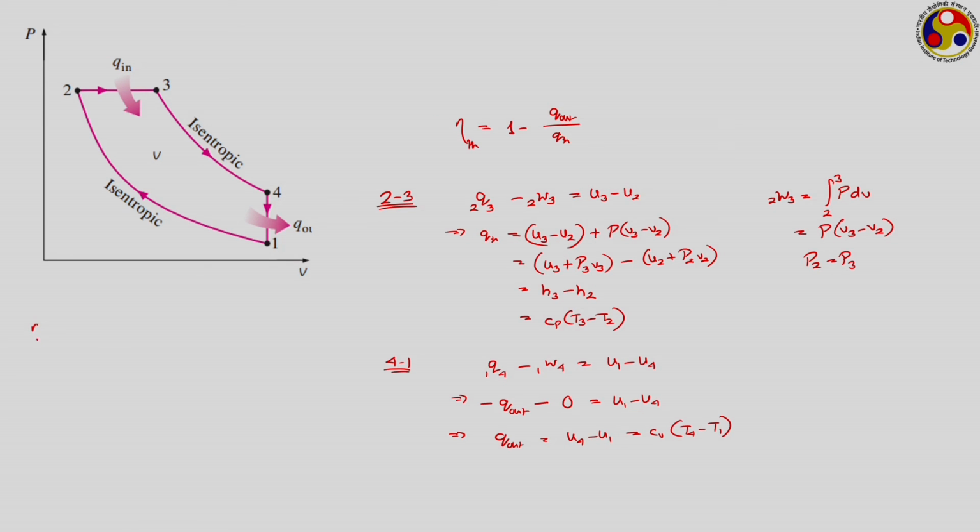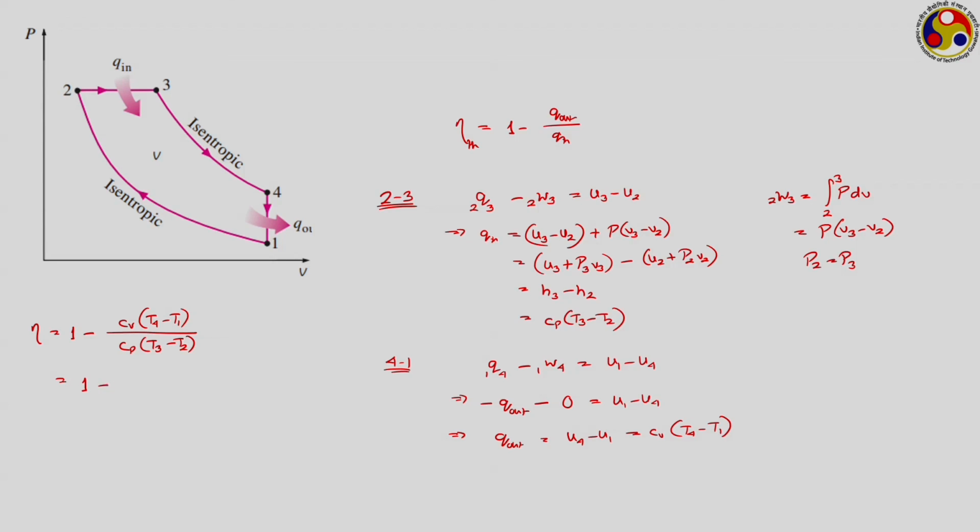If we want to analyze this now, then eta is equal to 1 minus Q out upon Q in, that is Cv into T4 minus T1 upon Cp into T3 minus T2.